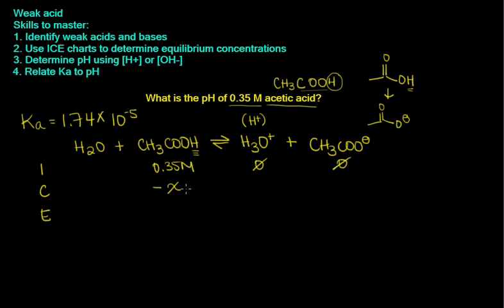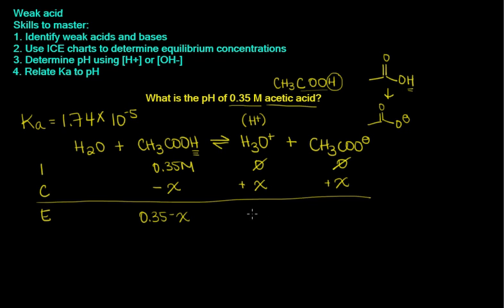You can use any letter you want; I use X. We gain over here by the same amount, so we use the same letter. That gives us an equilibrium amount of 0.35 minus X molar.